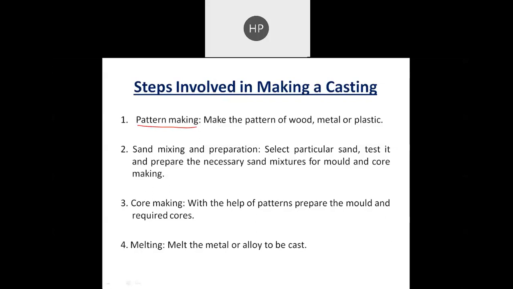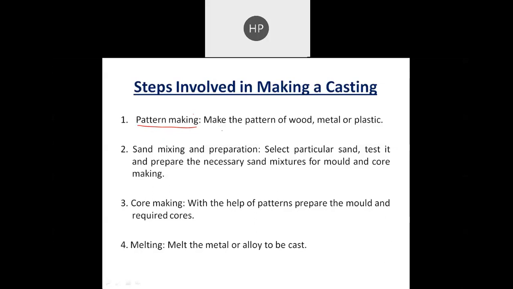A pattern is a replica of the finished product. Whatever product you want to make, depending upon the shape and size of that product, we make an initial component of similar shape and size, and that is termed a pattern.